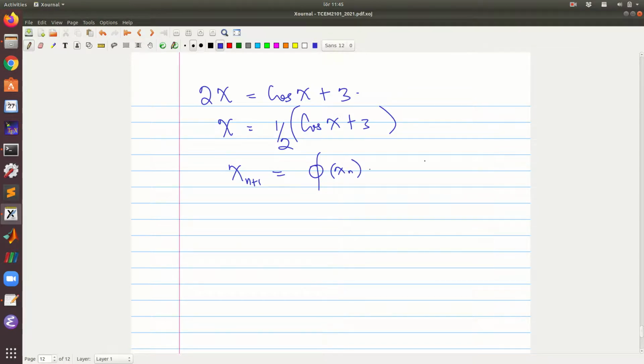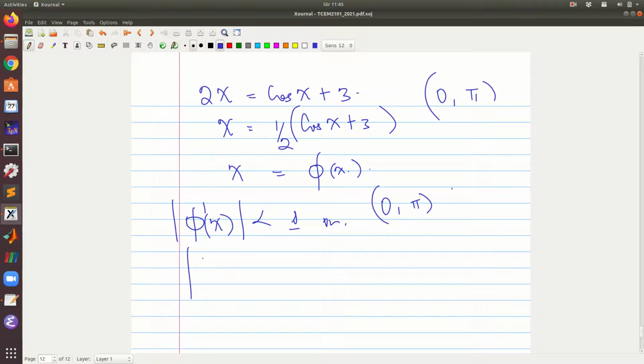Of course, we have to make sure that this is less than 1 on the interval. Maybe let us take it 0 to pi.